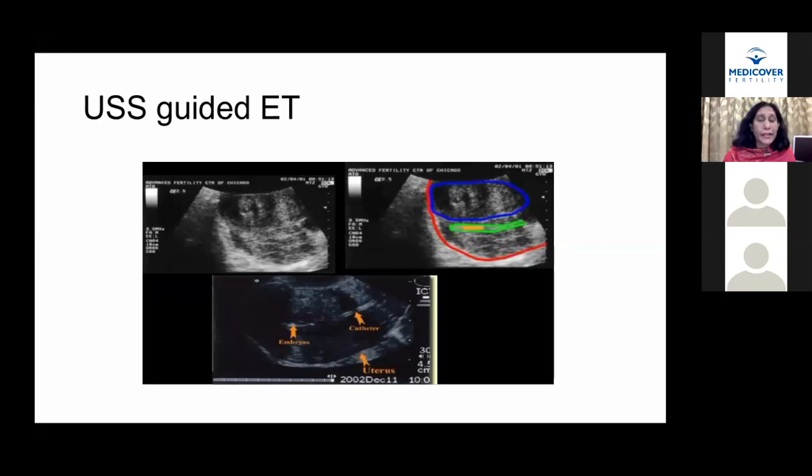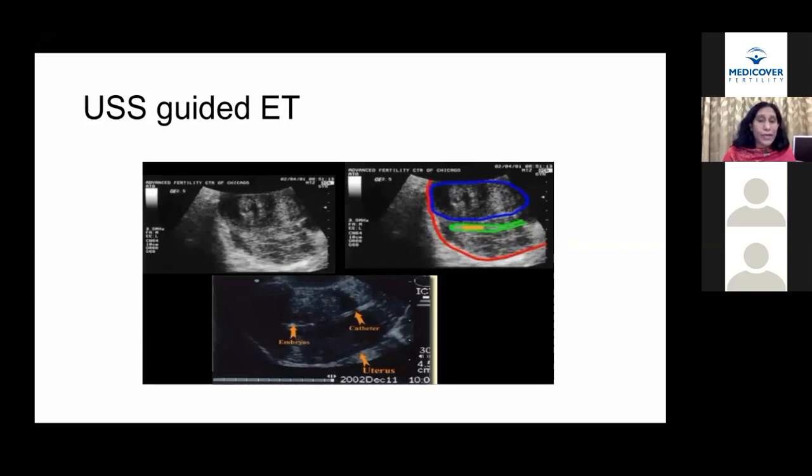Then in the lab, the egg and the sperm collected from the husband are mixed, and the embryos are cultured for 3 to 5 days, and then the best embryos are put back.